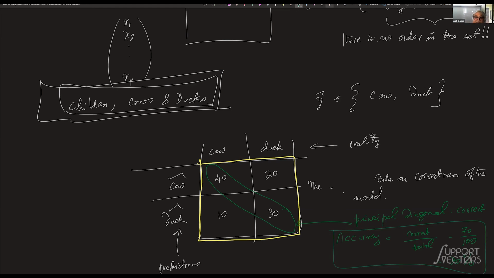Now, let me bring up something else. Suppose your job was to detect cows. So one of the cases you take as the positive case. Let cow be the positive case. You can arbitrarily assign the positive case to any one of the classes.